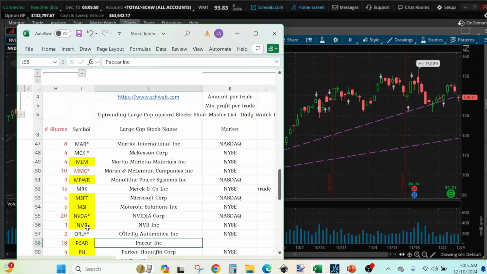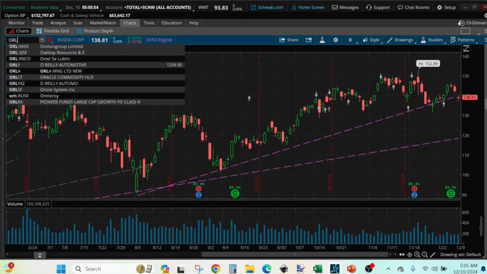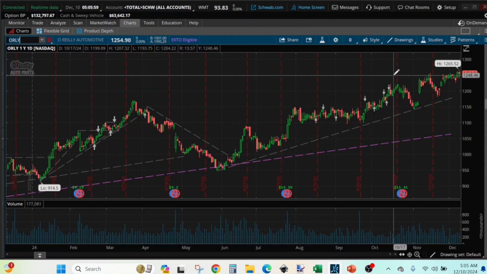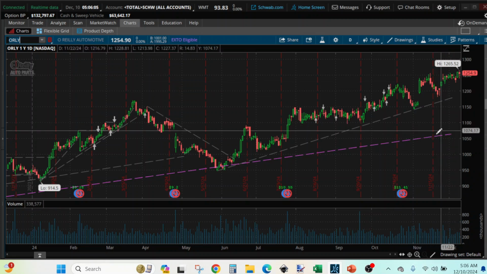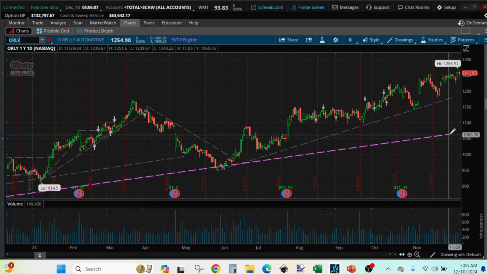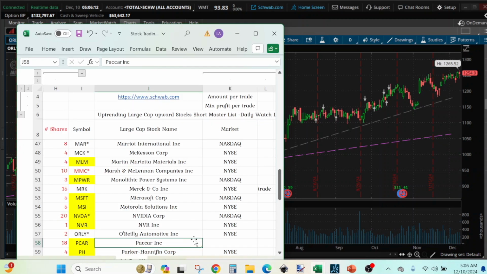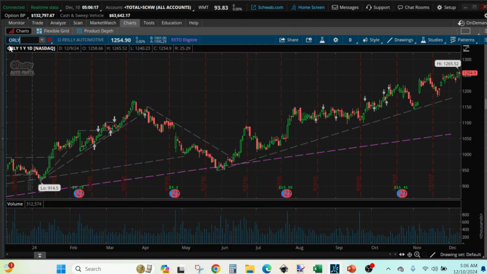ORLY, so that tells you that you can purchase it at the trend line, and it could pull back to it more than once before going up. So this one, we are waiting to trade it on this line. Let's move to the next one. ROP, we are now going to RSG.